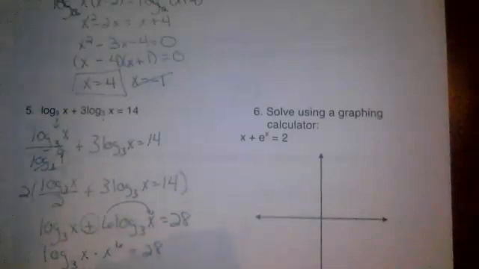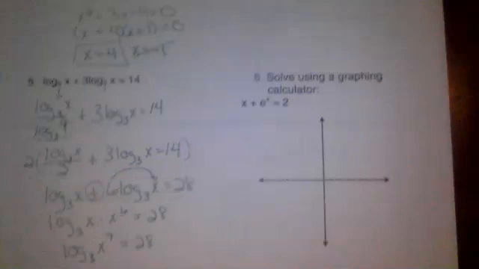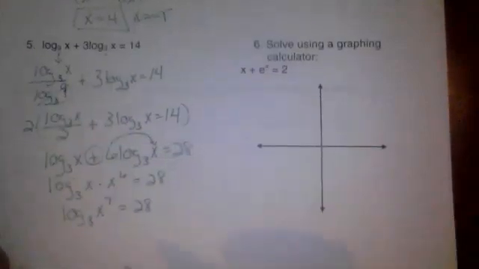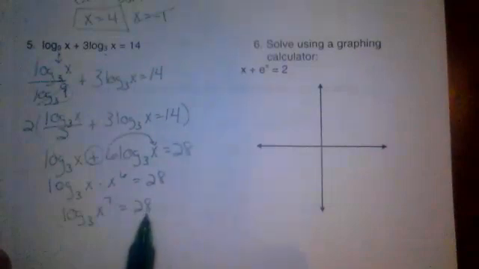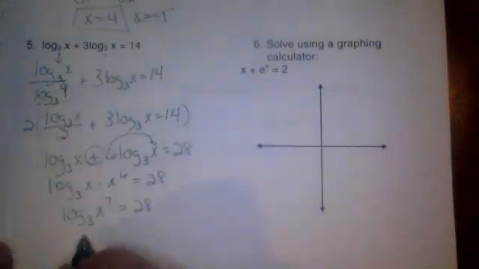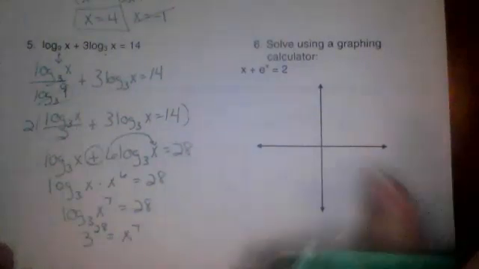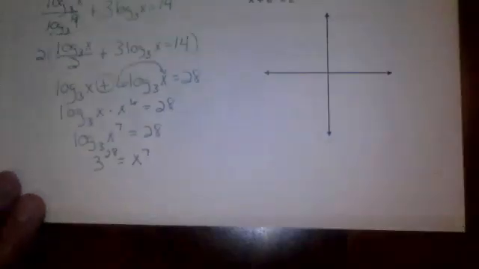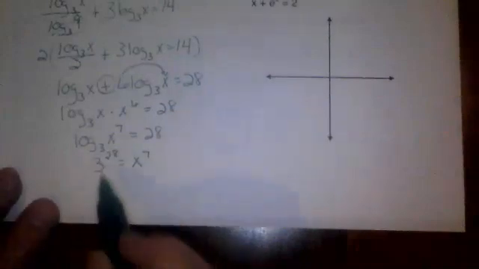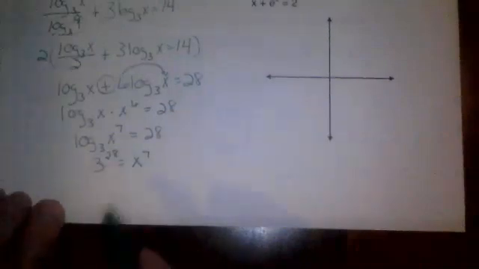And so x times x to the 6th is x to the 7th. And then I would go back and rearrange, because now I've got a single logarithm with a constant number, and I would just rearrange: 3 to the 28th power equals x to the 7th power. Now, you could go ahead and multiply 3 to the 28th power on the calculator if you'd like.